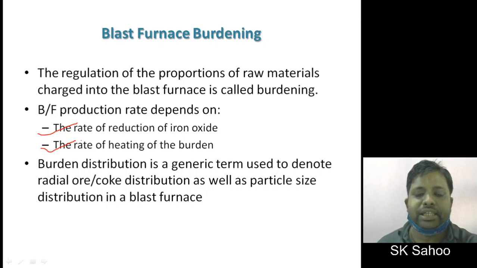Burden distribution is a generic term used to denote radial coke or ore distribution as well as particle size distribution in a blast furnace. The initial distribution of charge in the throat usually persists throughout the furnace shaft, so it is of much importance in the bed permeability.